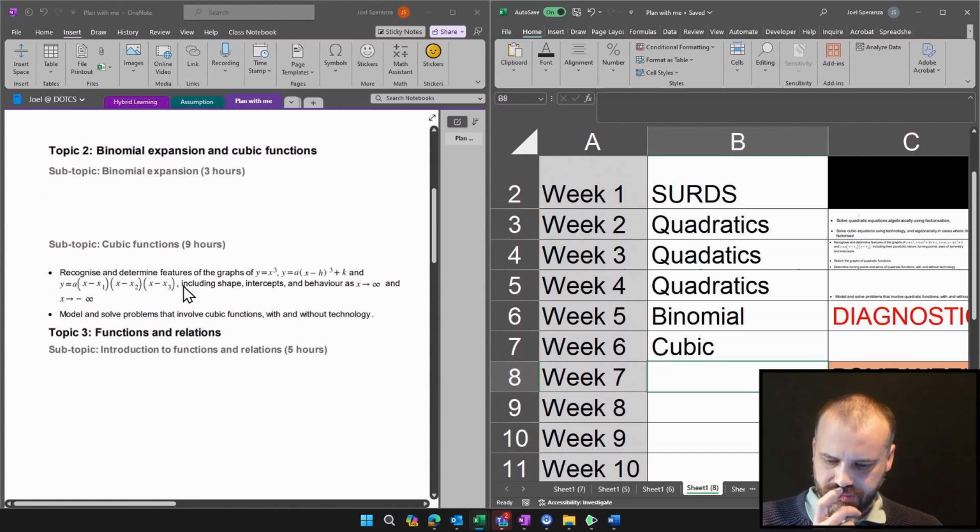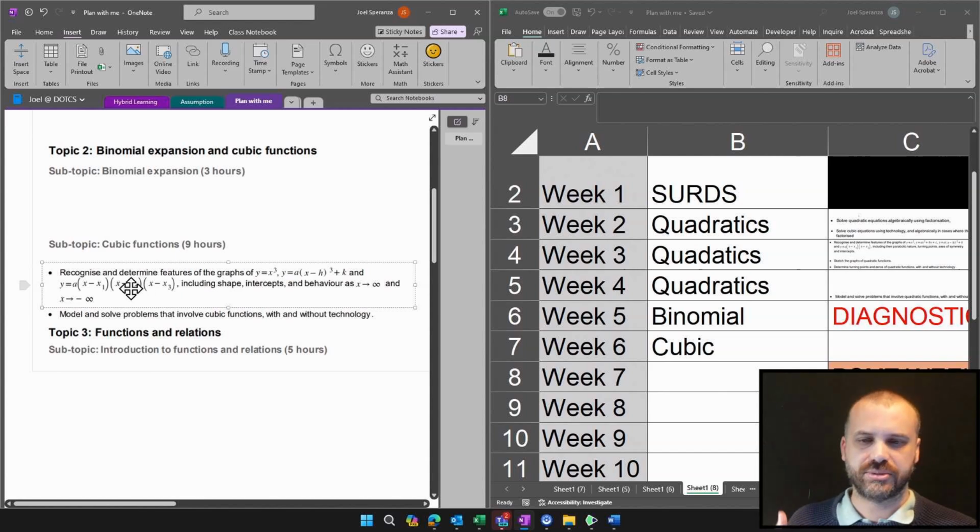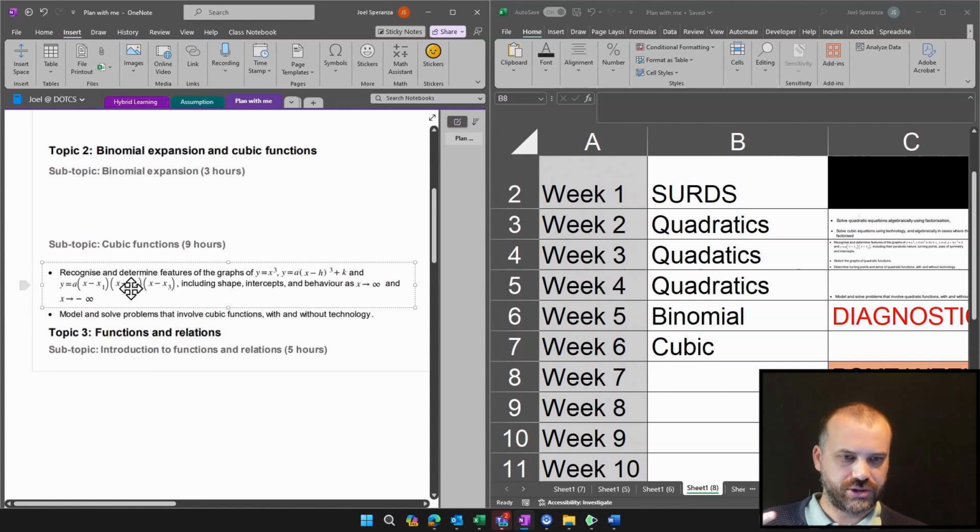Well, I'm going to do recognize and determine the features, including shape, intercepts, and behaviors. So we can take this to mean sketch the function, I guess, is what we can probably take this as. We've got y equals x cubed. We've got y equals a(x minus h) cubed plus k.